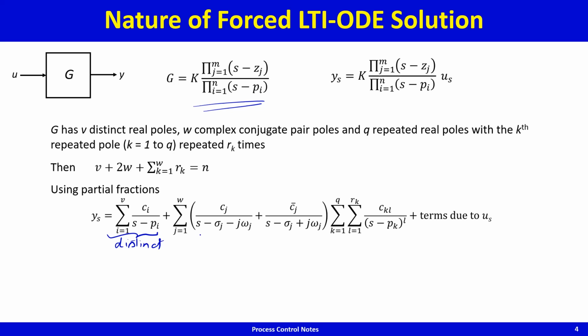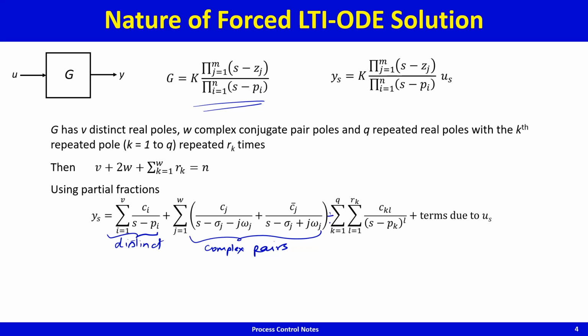For the complex conjugate pairs, we will have factors of this kind. The partial fraction will occur in this way: complex conjugate pairs. Pairs implies they are conjugate.